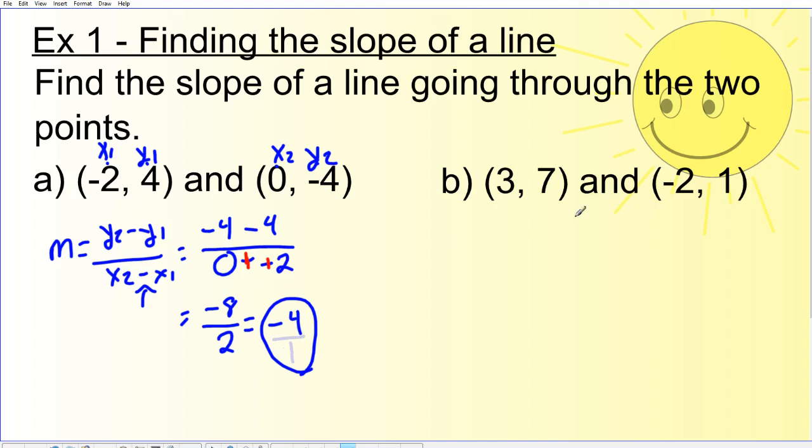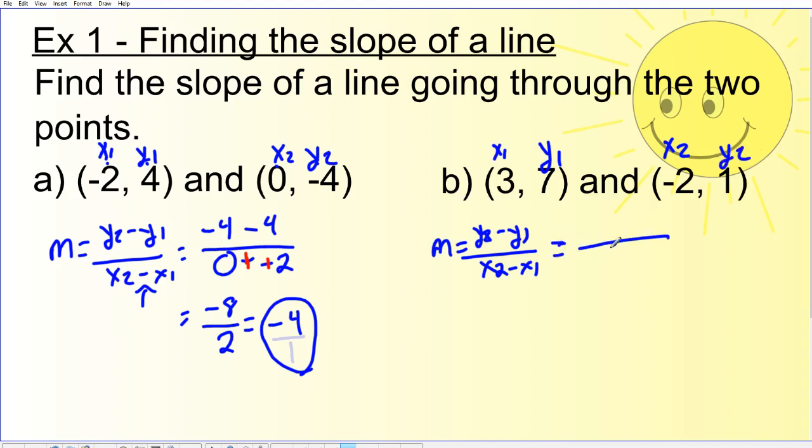All right, letter B. Same deal. I'm going to go through the exact same process. I'm going to write down the formula. M equals y2 minus y1 over x2 minus x1. I'm going to label x1, y1, x2, y2.